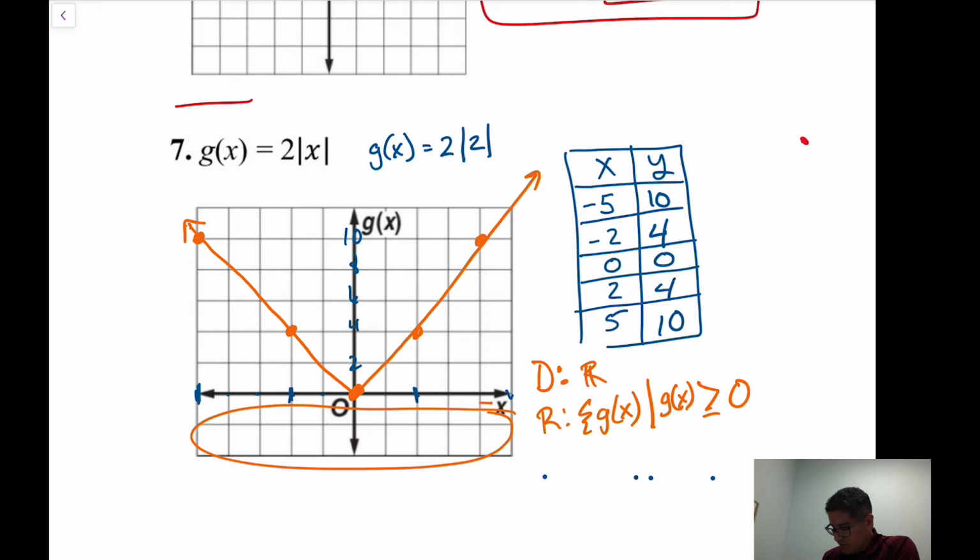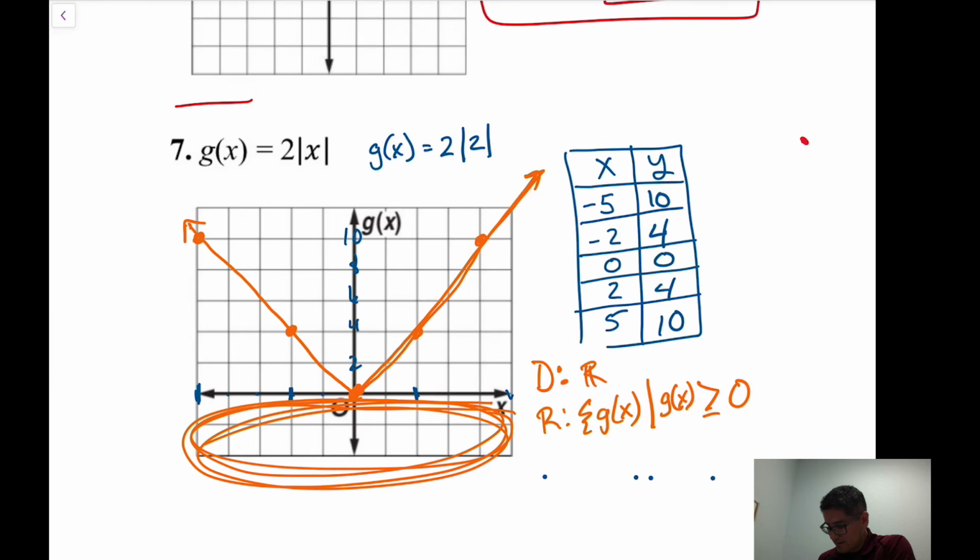Because all my y's below 0, there is no graph. It does not begin to exist. I do not start having y values until I get to 0 and above. Okay?